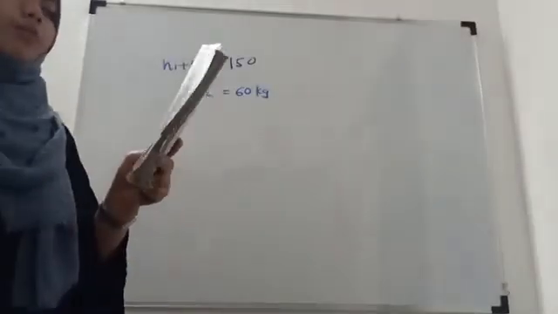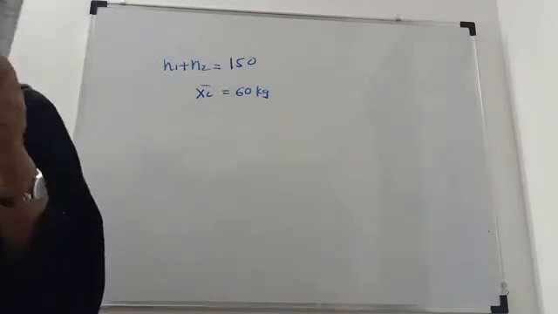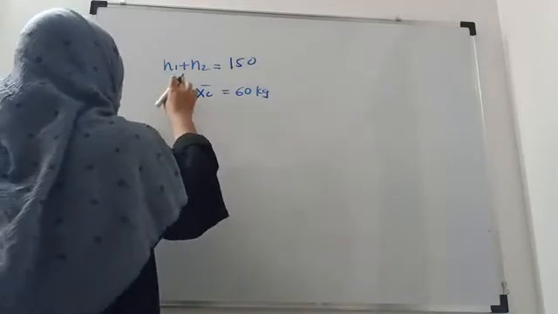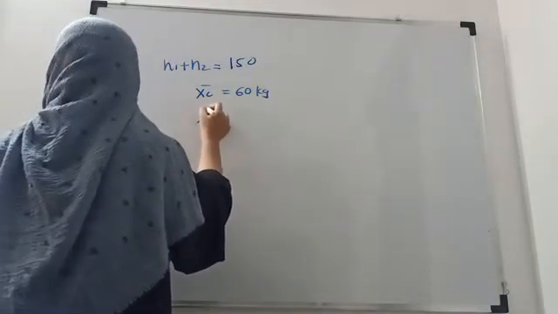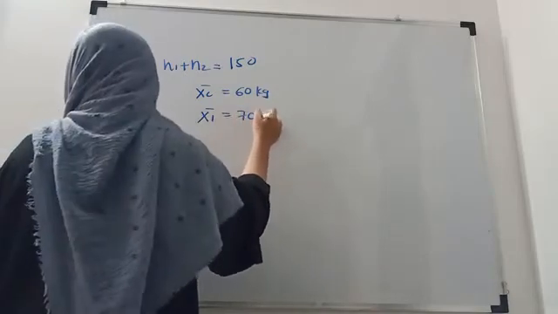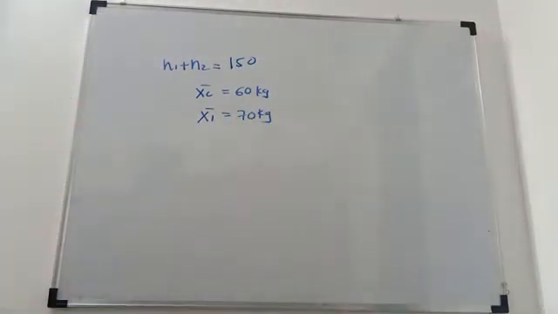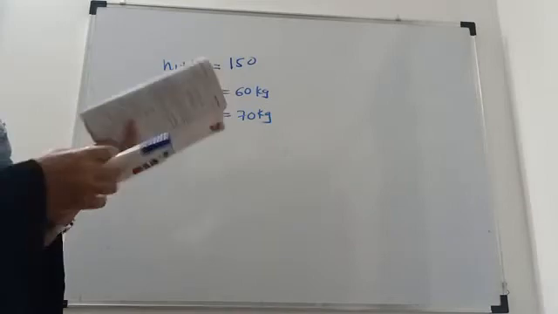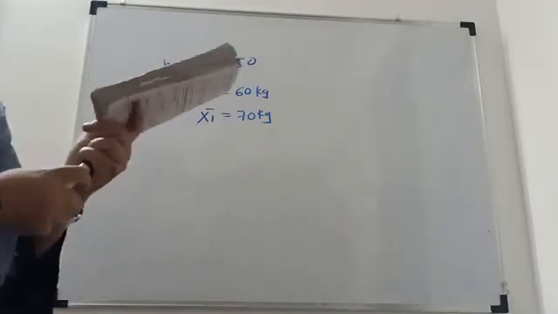The mean weight of the boys is 70 kg. That means for the first group, x1 bar is equal to 70 kg, with a standard deviation of 10 kg.